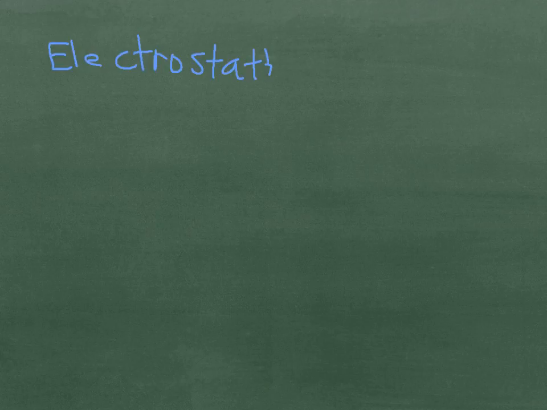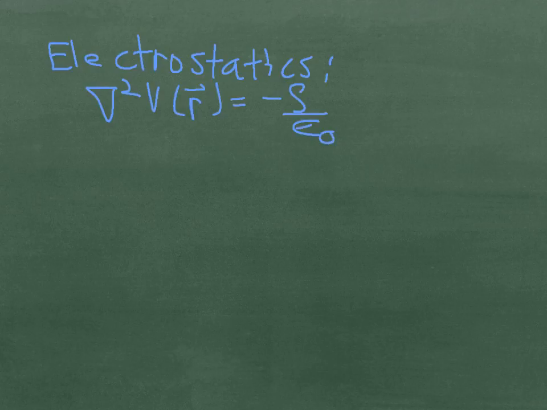Okay, so let's do an example from electrostatics. We want to find the Green's function for V. In electrostatics we have the equation del squared V of r equals minus rho on epsilon naught.